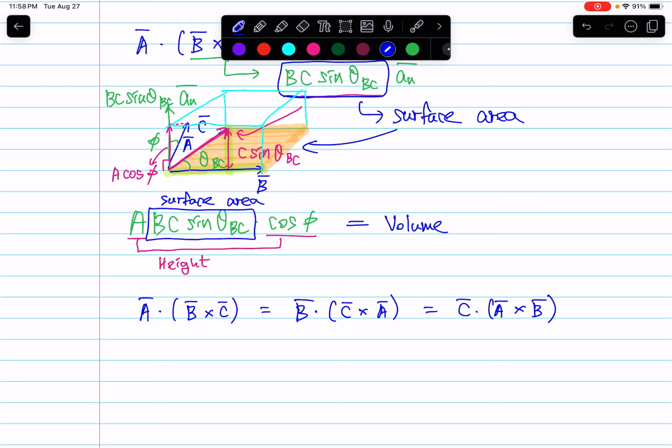In order to calculate a volume, you can utilize the side walls instead of the bottom wall, and there are other side walls that you can use formed by C vector and A vector, and also A vector and B vector. Okay, so the resulting volume quantity will be exactly the same.